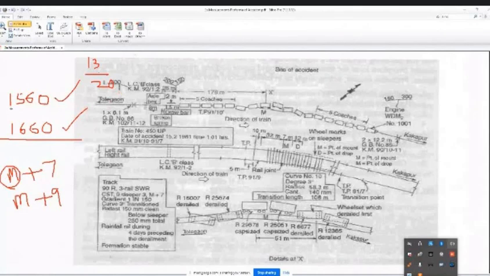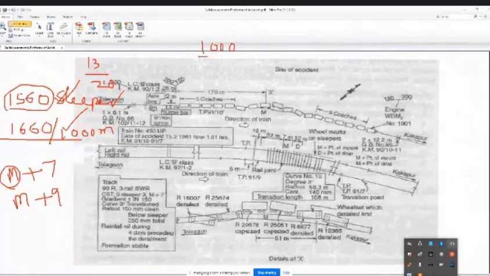But if he says 1560 sleeper density or 1660 sleeper density, what is the difference? This I can also explain. 1560 sleepers per kilometer, you have to understand, per kilometer. A kilometer means 1000 meters. So if you want the distance between one sleeper and another, you do 1000 divided by 1660, into 100.